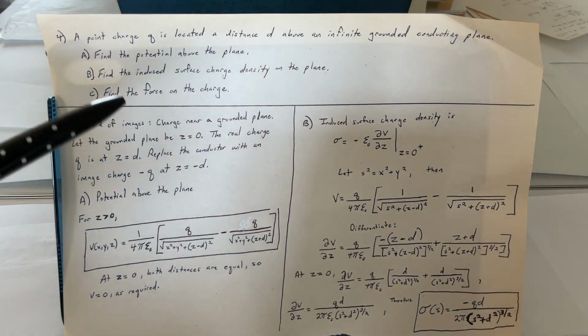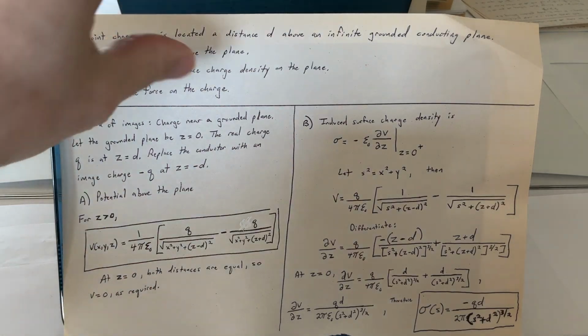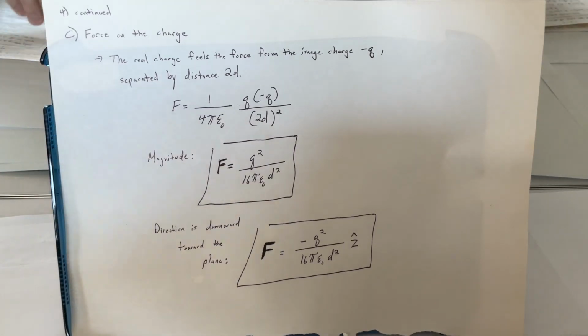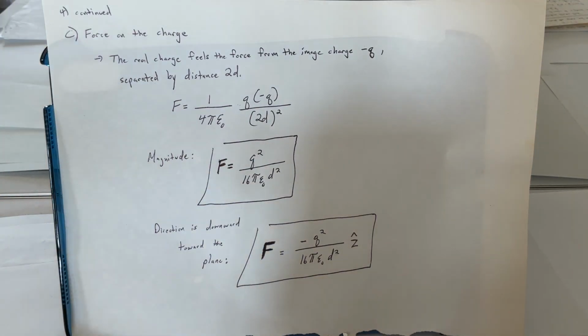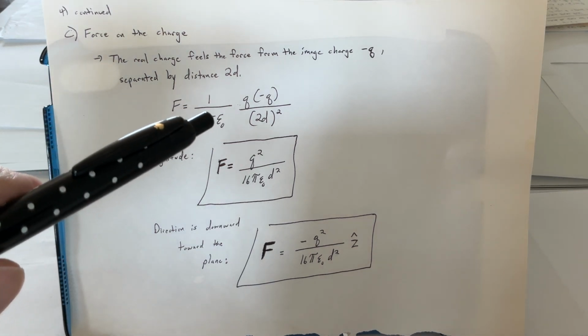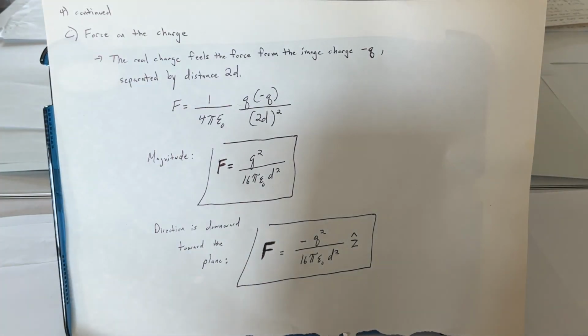Part C, find the force on the charge. The real charge feels the force from the image charge negative q, separated by a distance of 2d. So F is equal to 1 over 4 pi epsilon naught times q times negative q over (2d) squared.